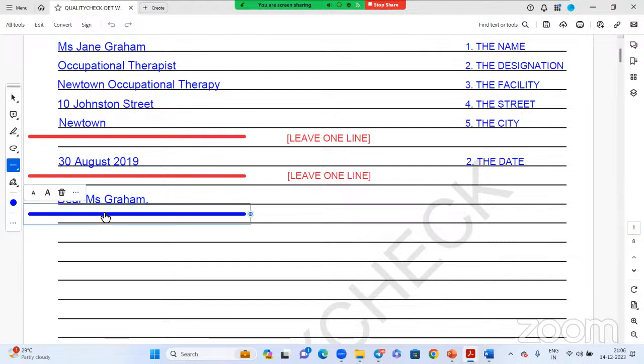Leave again one line. And then leave one line again.